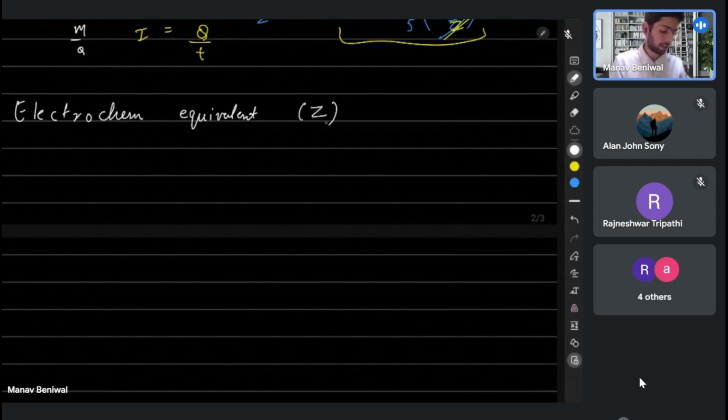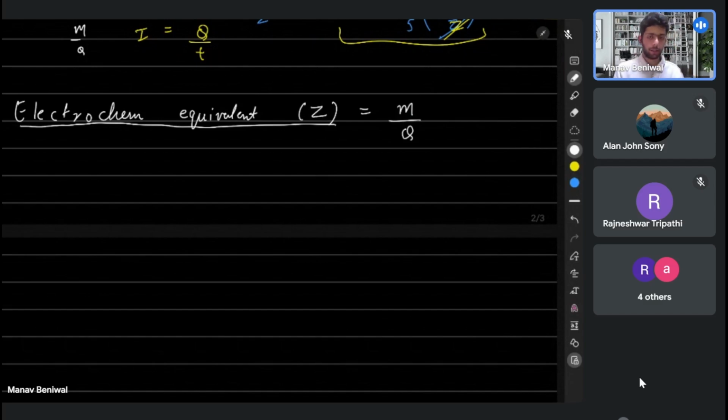This is denoted by Z generally. So what I said was that it has this formula, mass over charge, right?